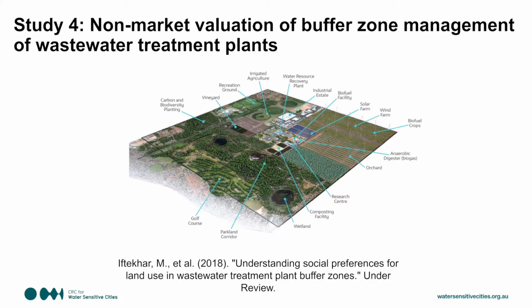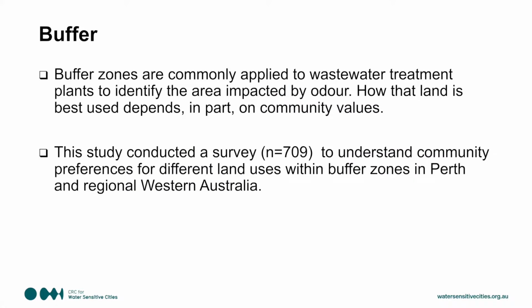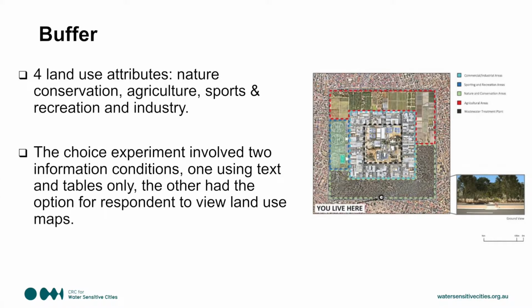The fourth one is where we used a choice experiment method. We did a survey where we asked people for their preferences for different land uses within the buffer zone of a wastewater treatment plant, and we wanted to know what could be the optimal mix from the social preference perspective. So we did a survey in Western Australia, in Perth and regional Western Australia, using choice experiment, and what we wanted to find is the value for different land uses.